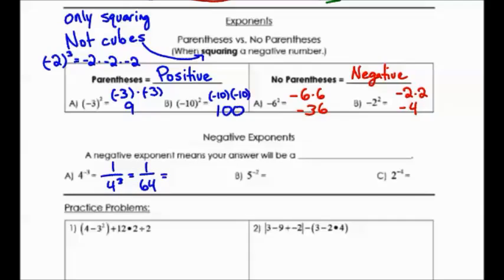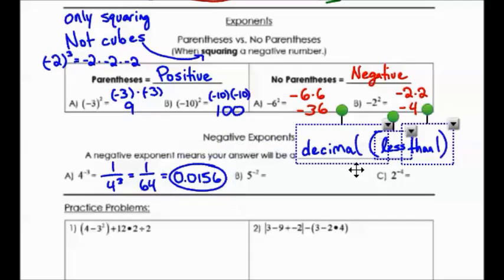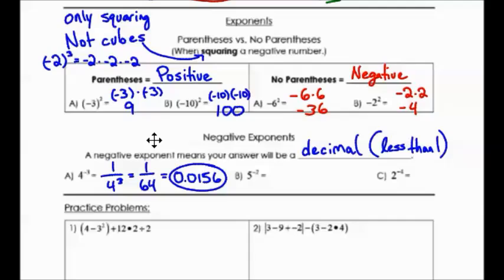And that's really just a decimal. That is the decimal 0.0156, and you can find that by doing 1 divided by 64. It's always going to give us a decimal that's less than 1 when we use a negative exponent, because it really is the same as 1 over that as a positive exponent.